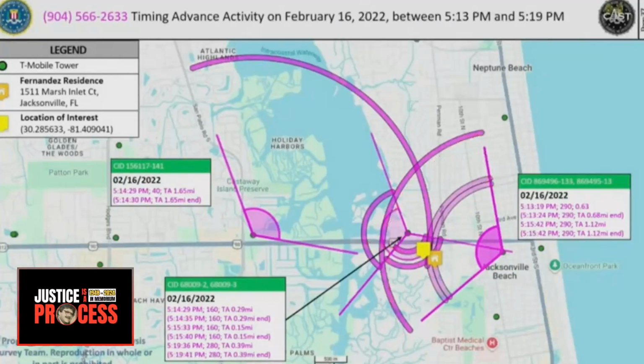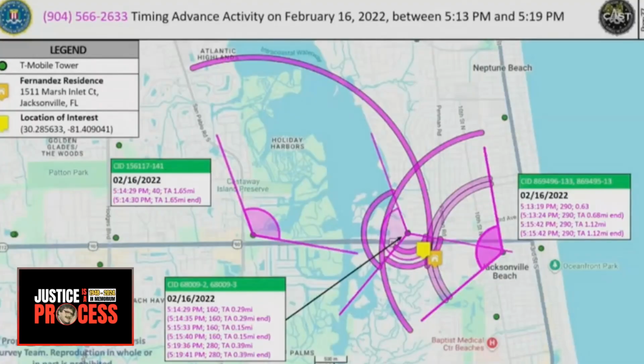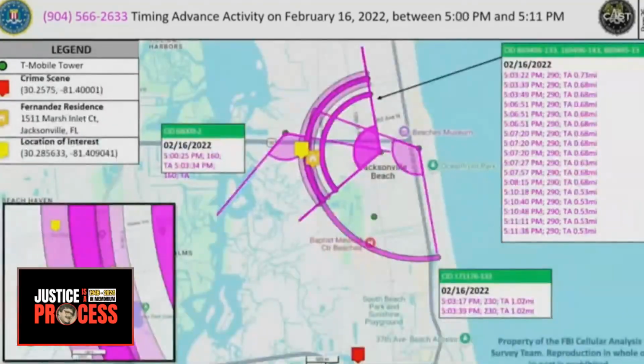We're seeing in slide 36 and 37, are you mapping all of the timing advance data points for this particular time frame? During that particular time frame, yes.